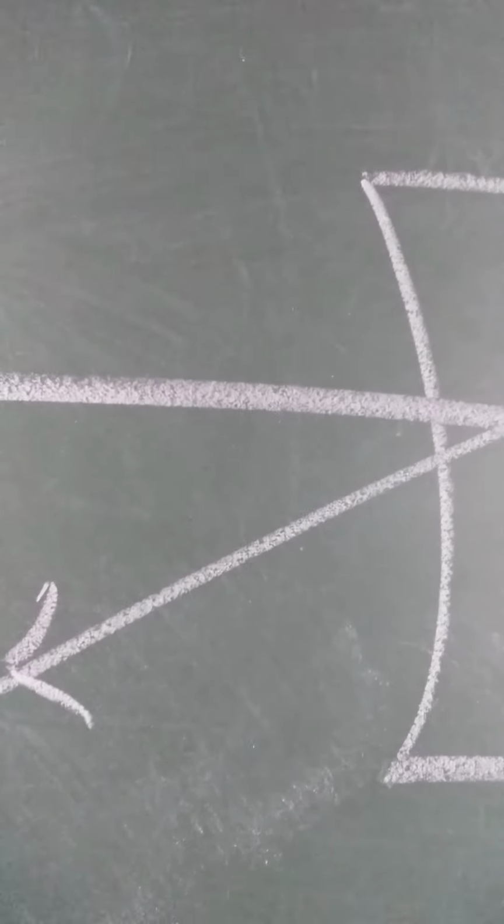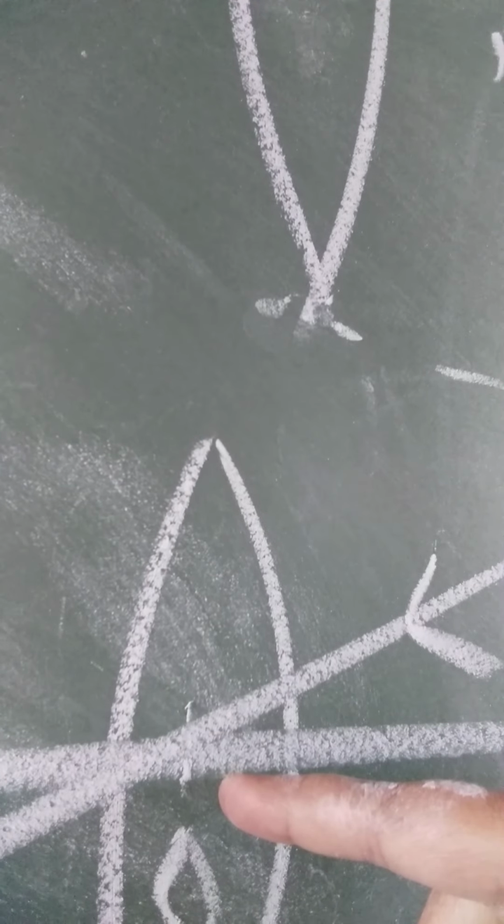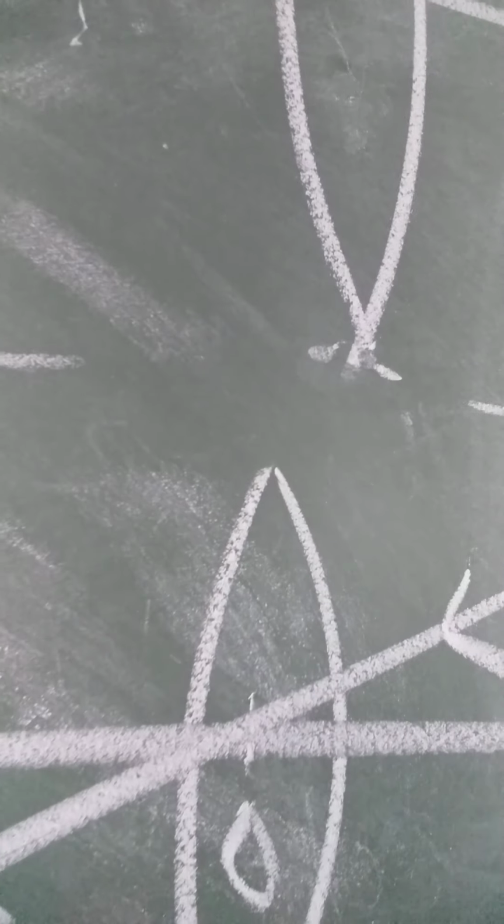In a similar way, you can see in convex lens also, when the ray is passing through optical center, it remains undeviated.